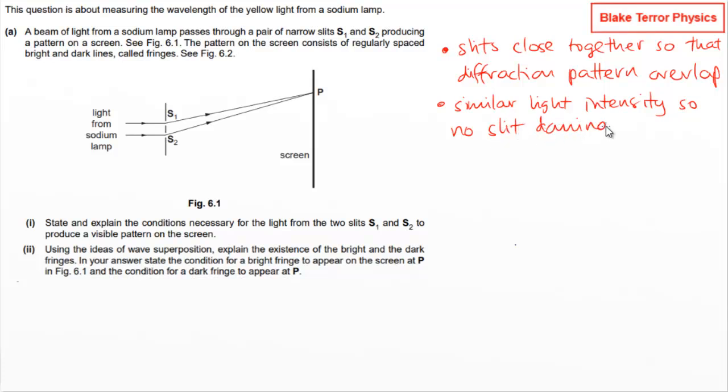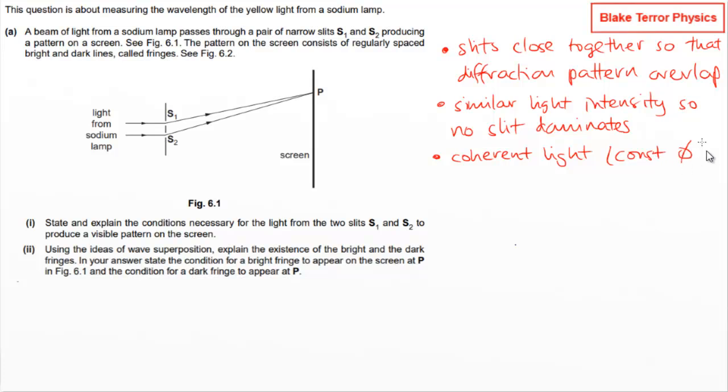And then the other thing is we're going to want coherent light sources, because unless there's a constant phase difference in the light from each slit, we're not going to get a stable fringe pattern. We want a stable interference pattern on the screen, and that means we have to have coherent light, that is, a constant phase difference.